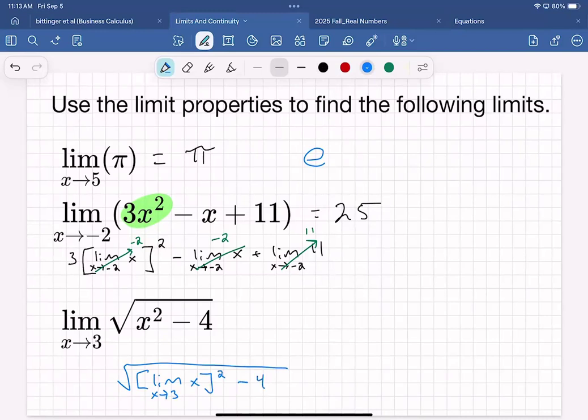I didn't put it on the 4 this time because I think we're good with seeing that's a constant term, so the limit as x approaches anything of 4 is just going to be 4. So the only thing we need to look at is what happens to x as we approach 3? Well, it approaches 3, right? Just make sure you see here the direct substitution approach would have covered that for us. Okay.